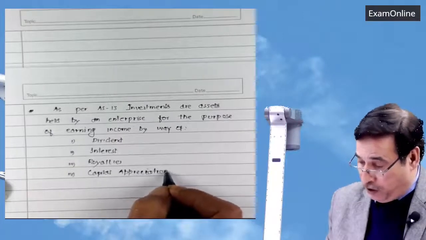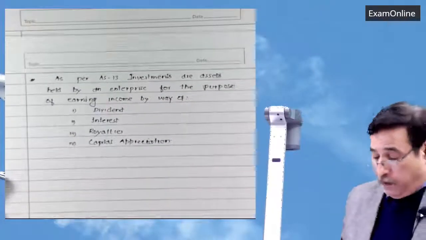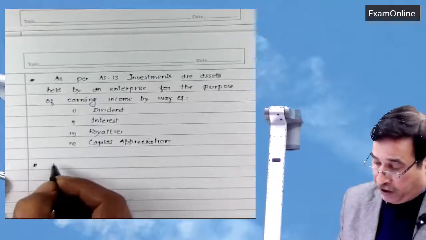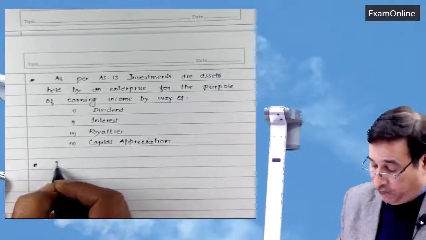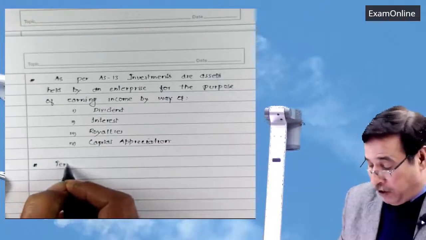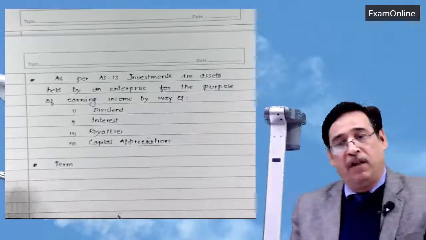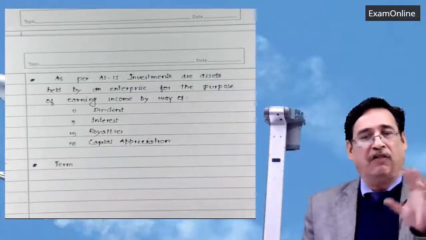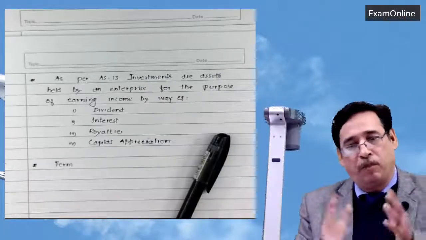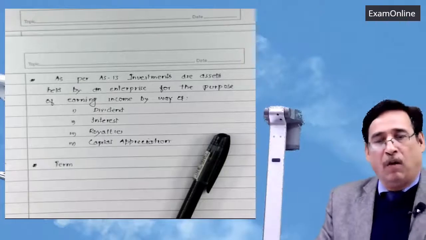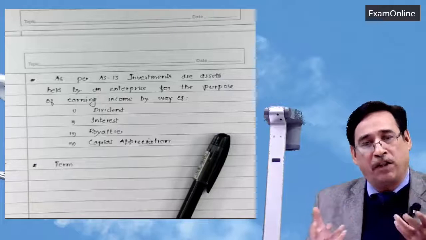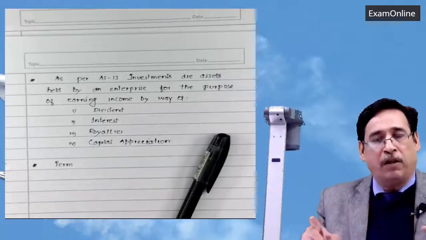Capital appreciation. It is important to note in the beginning itself what exactly the term investment means. Let me make it clear. The investment could be in debts, it could be in shares. Investments, as far as nature is concerned, generally are financial rights. For example, if I happen to buy the share of a particular company, what am I going to get? Share is nothing but a paper, correct?